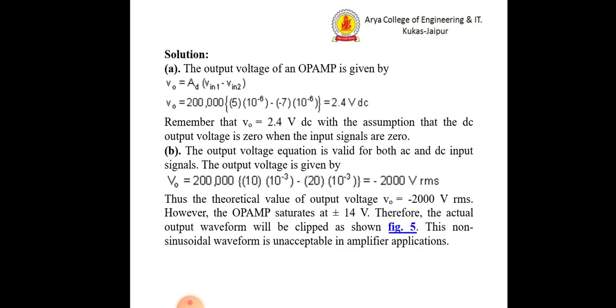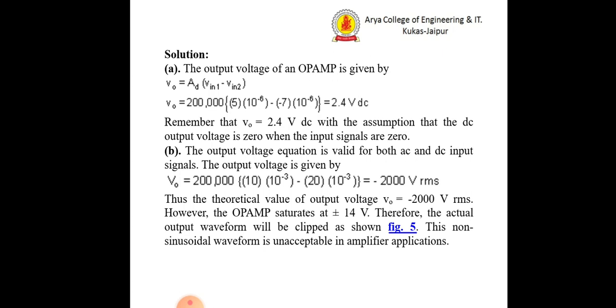Now the output voltage of the op-amp is given by VO equals differential gain A into VIN, that is the difference between how much input has been applied, VIN1 minus VIN2. So for this particular case, we find VO equals 2.4 volt DC.